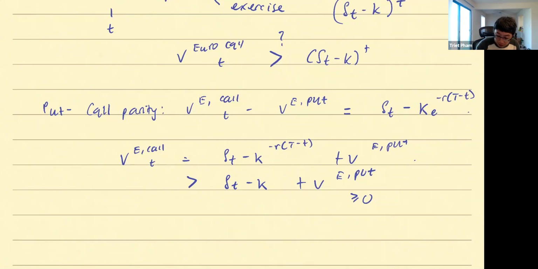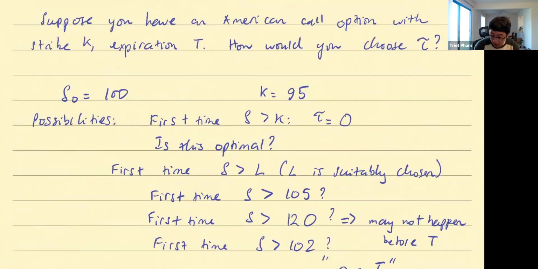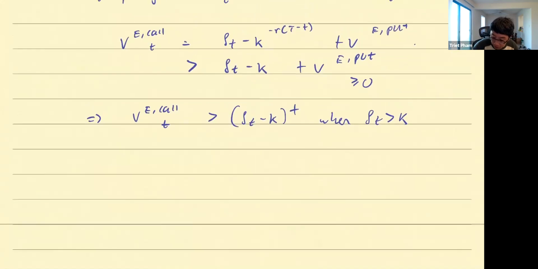But of course, that means this is bigger than ST minus K when ST is bigger than K. And when ST is less than or equal to K, this is just 0, and this is also bigger, because we know that the call option value is never exactly 0.